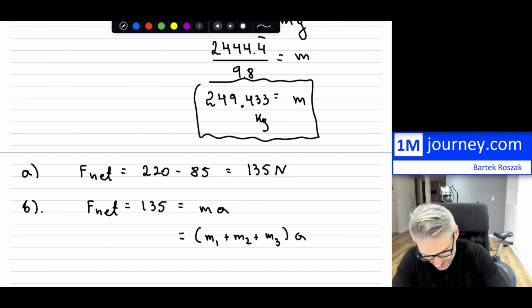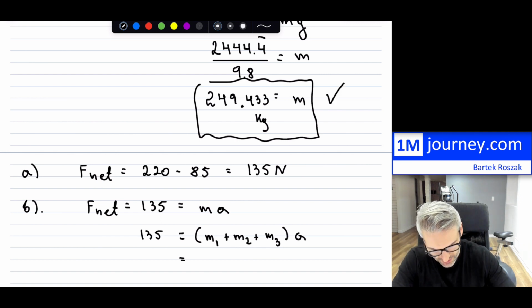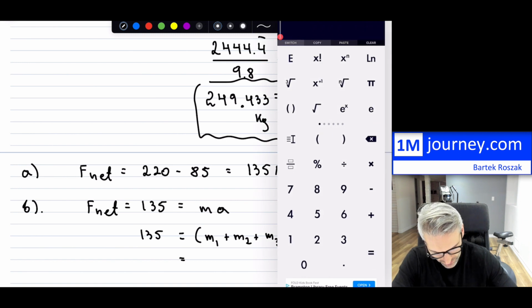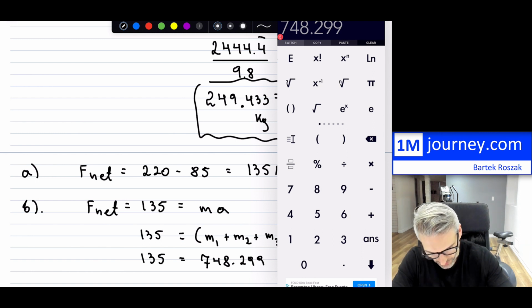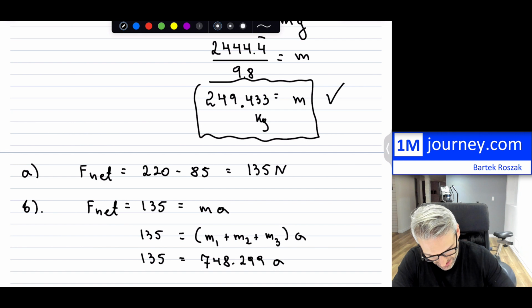I found the masses, so those were useful for me. So 249 point, times 3. That's the total mass, 748.299, times the acceleration.